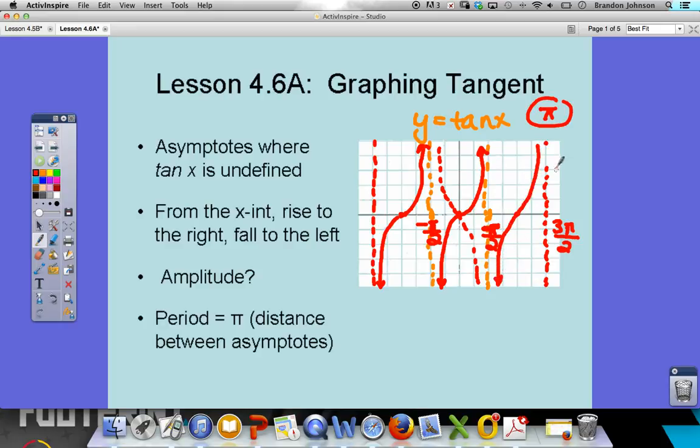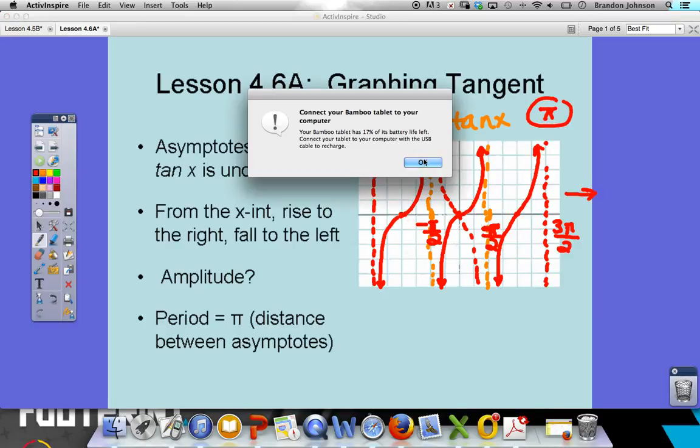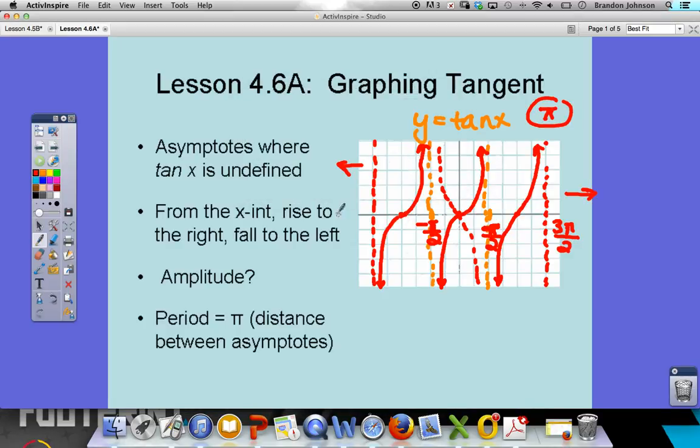Okay? Now, a couple things to note with this graph that are important. First, you could see that when I rise to the right and fall to the left, this is going to keep repeating to the right as well as to the left. But also, you have to figure out where the x-intercept is.